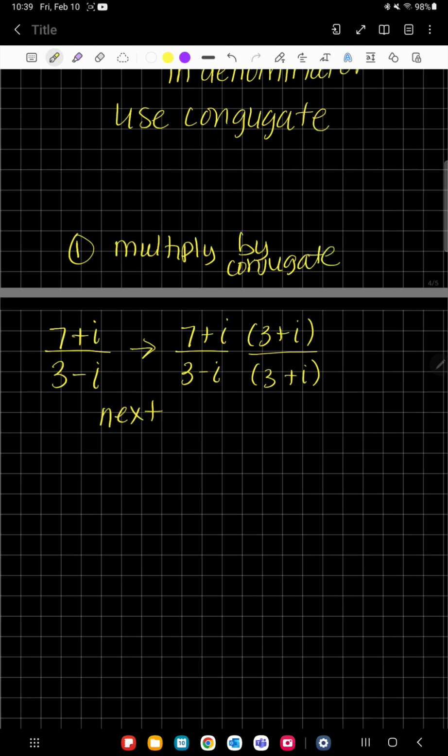So we're going to multiply by the conjugate. We're going to FOIL our numerator and denominator. So 7 times 3. And if you can't remember, I'll do it over here.